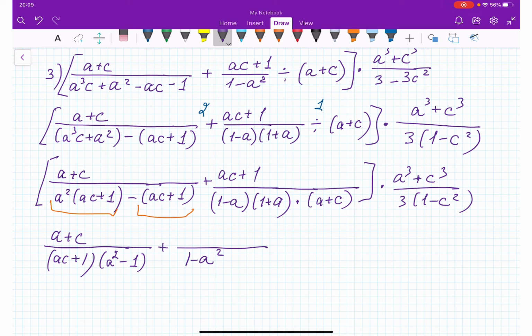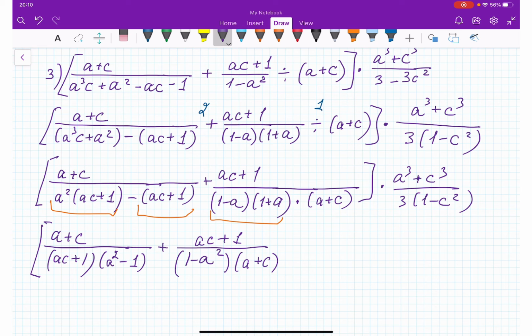A minus b, a plus b. This piece. It's 1 minus a, 1 plus a. 1 squared is 1 and minus a squared. You know why? Because I saw here a squared minus 1. That's why. Okay. Next. ac plus 1, and here we get a plus c.